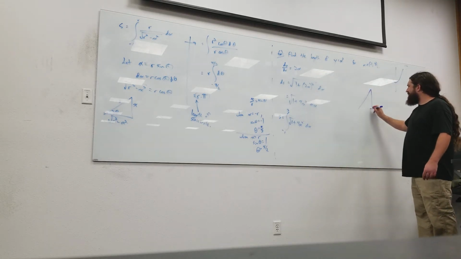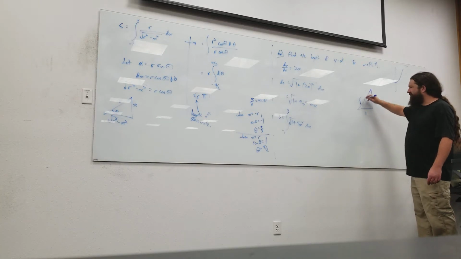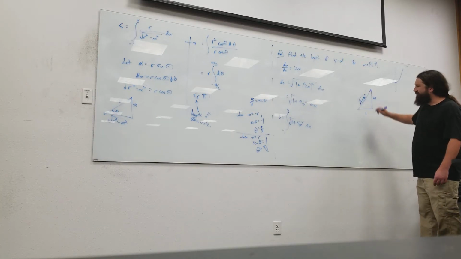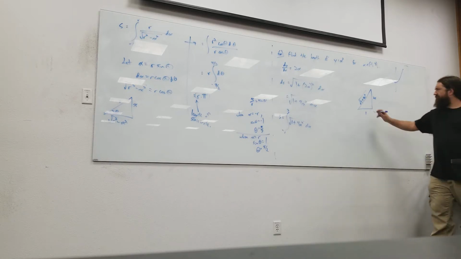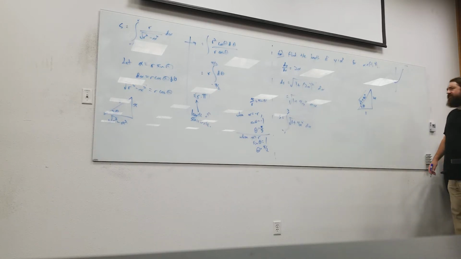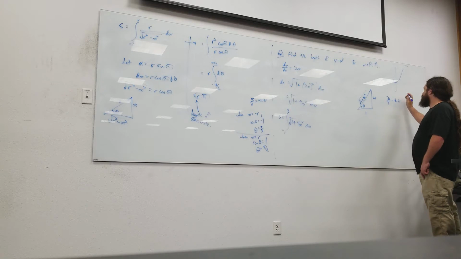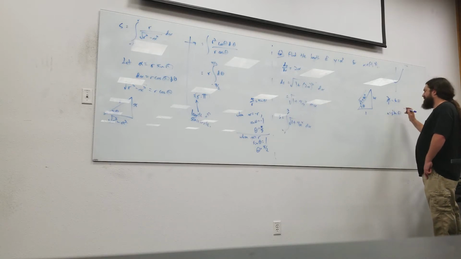Yeah, it's going to be a tangent, so I need probably a 2x and a 1, and then the square root of 1 plus 4x squared. Would that do it? Okay, so 2x over 1 is going to be tangent of theta, and so x is going to be 1/2 tangent of theta.